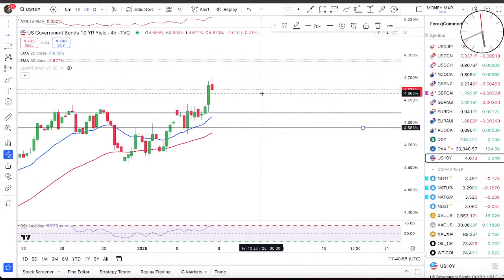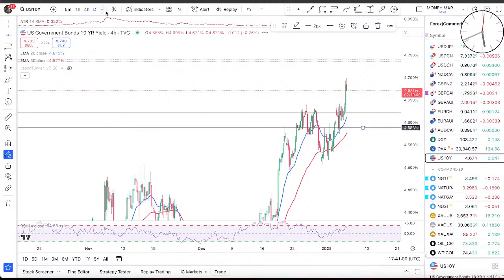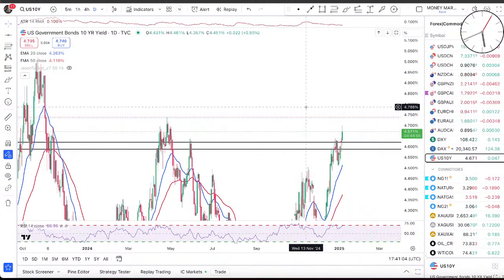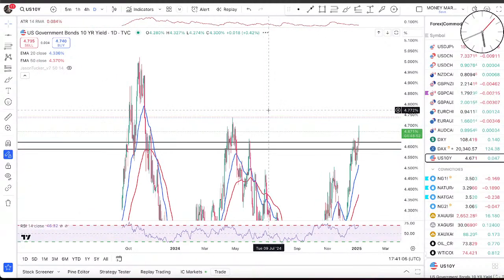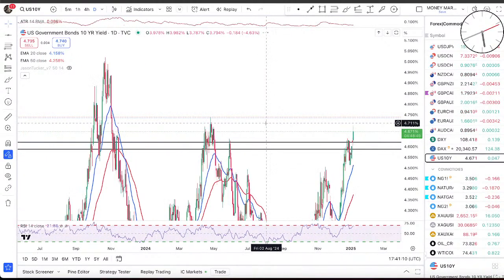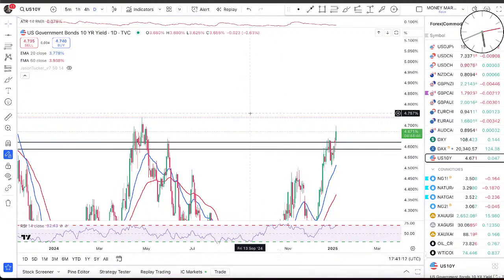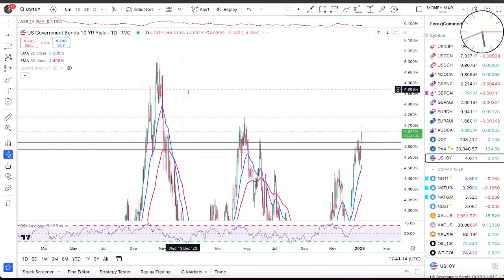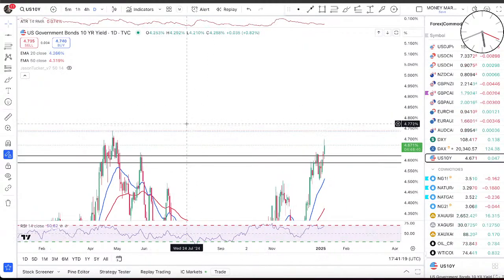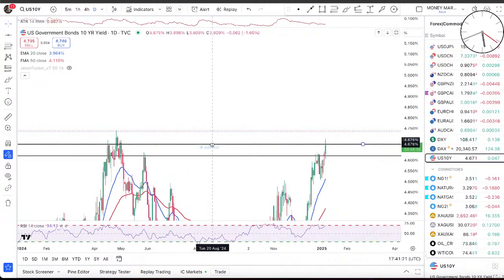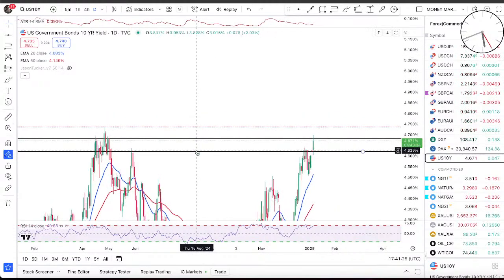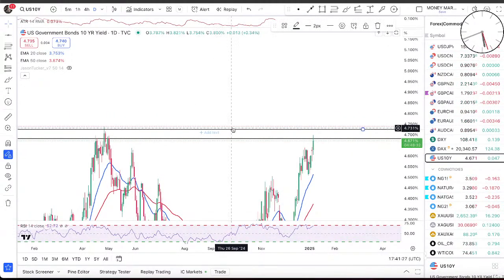Now, further continuation is expected. A little resistance here on a daily. But looking at the strong uptrend, okay.